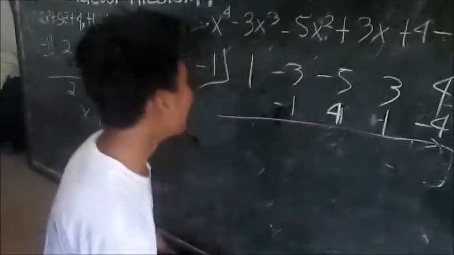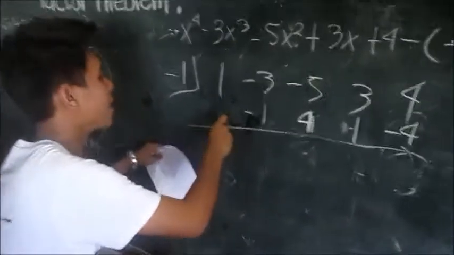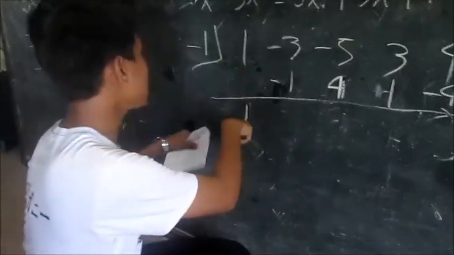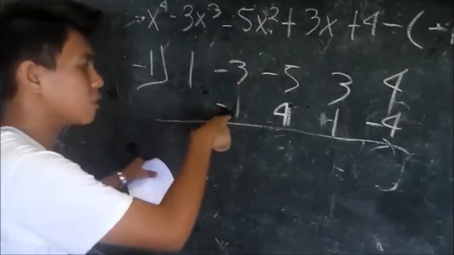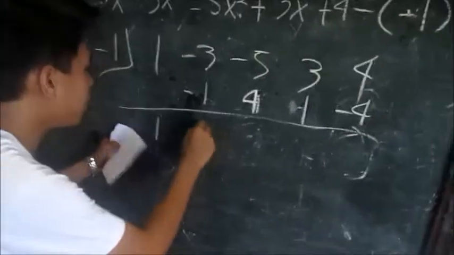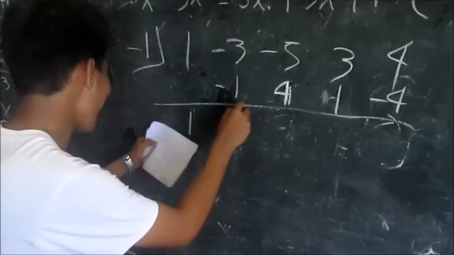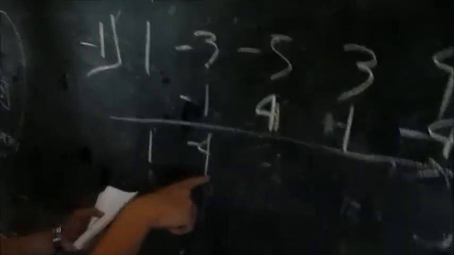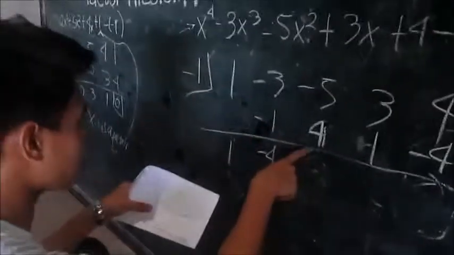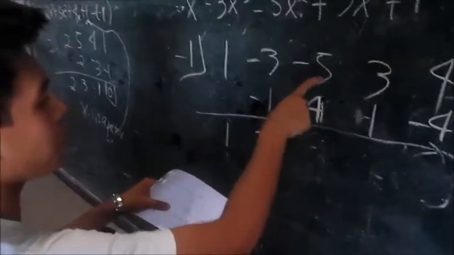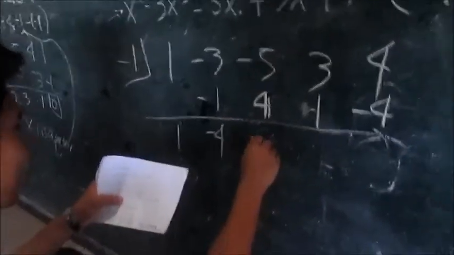We're going to bring down 1. 1 times negative 1 is negative 1. Negative 3 plus negative 1 is negative 4. Negative 4 times negative 1 is positive 4. Negative 5 plus positive 4 is negative 1.